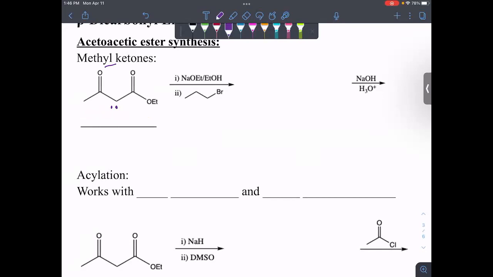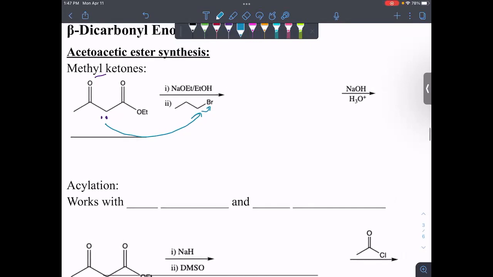It attacks the ethoxide? Not yet. What attaches? This thing? Yes. So once you have your deprotonated enol, you just go into the alkyl halide and attack. Then you get an alkylated ester enol thing.